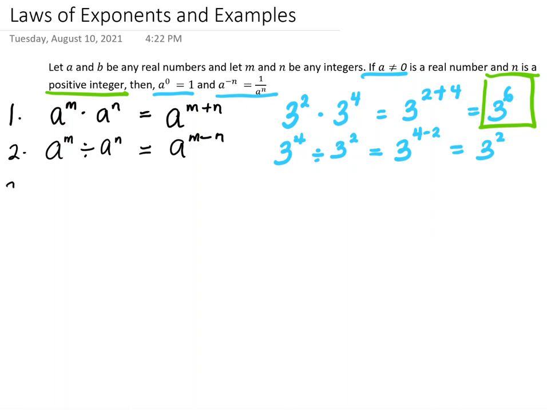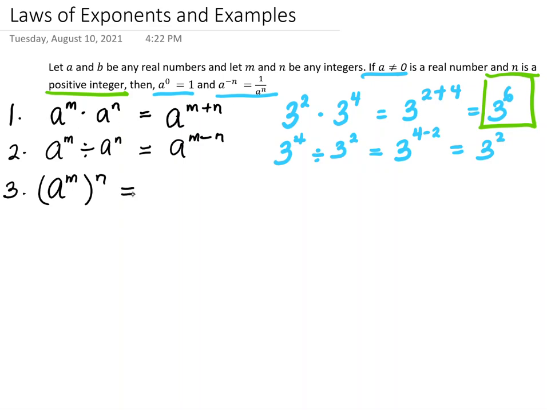Moving on, let us consider the third law, which says if we have this real number A raised to M, and now this A raised to the power of M, we are raising everything to N again. So look at the difference between this and what we have here.